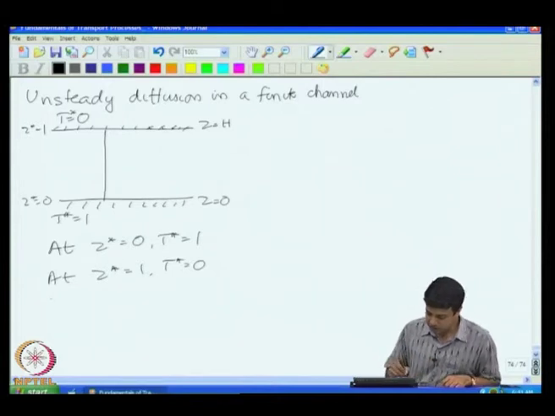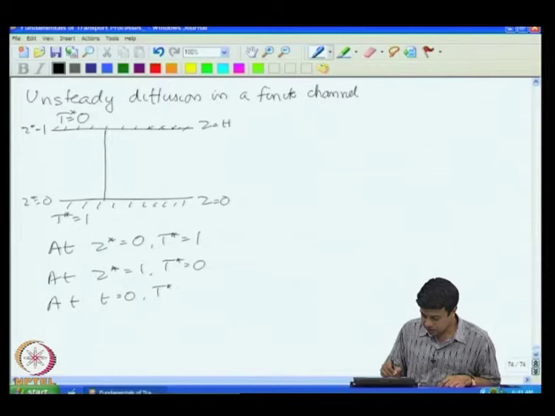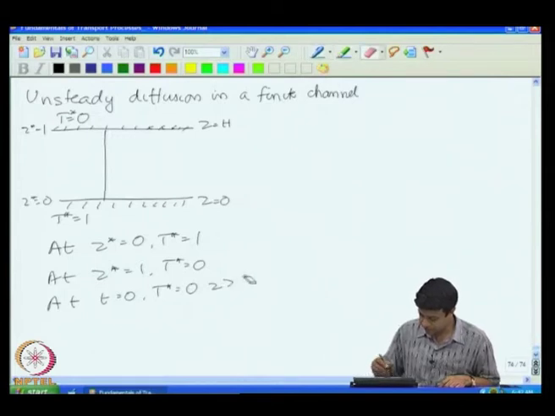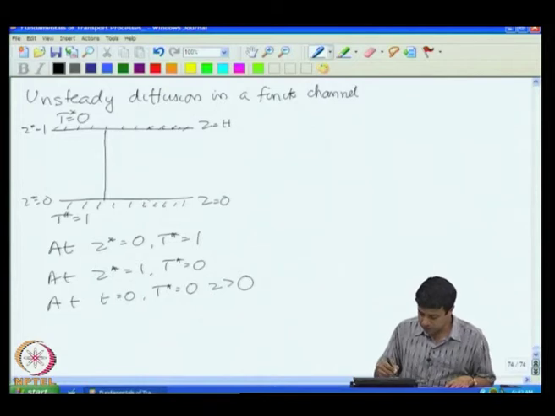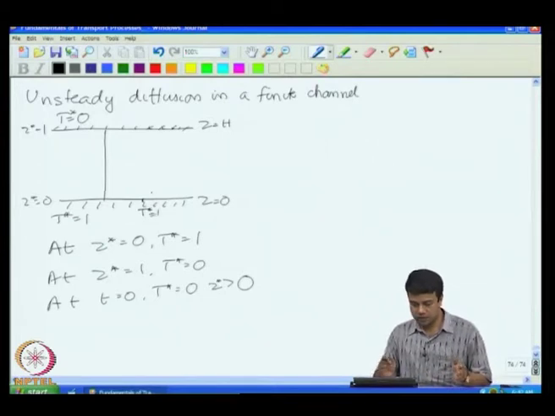We will assume that at t is equal to 0, T star is equal to 0 everywhere for z greater than 0. That is at the time t is equal to 0 and switching on a temperature T star is equal to 1 here. For t less than 0, the temperature was 0 everywhere.